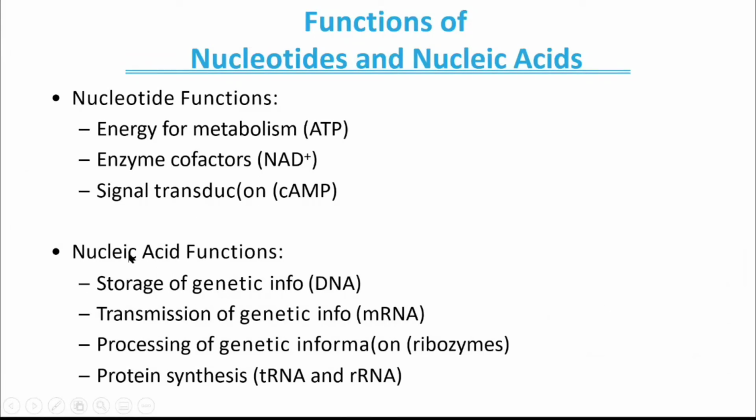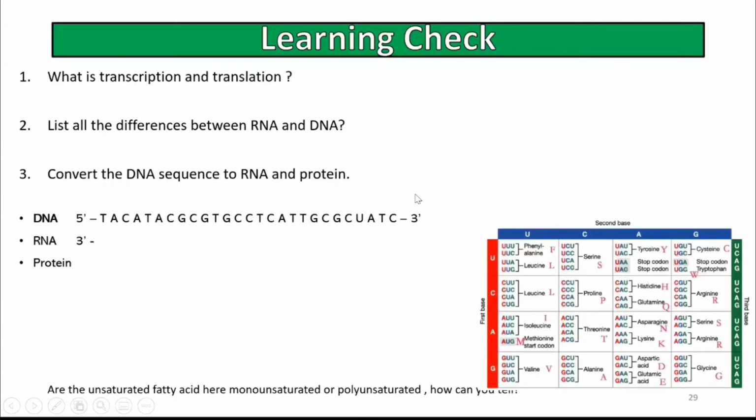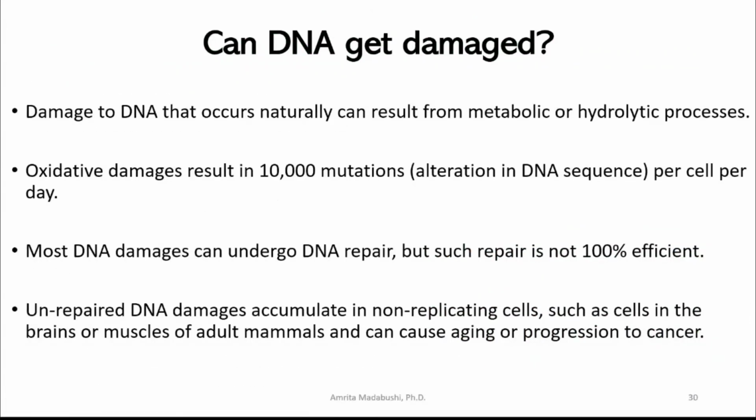Then as far as the functions of nucleic acids like DNA and RNA, when you look at the actual polymeric units, there's storage of genetic information, transmission and processing, and protein synthesis. So this sums up some of the basic things that we were learning.